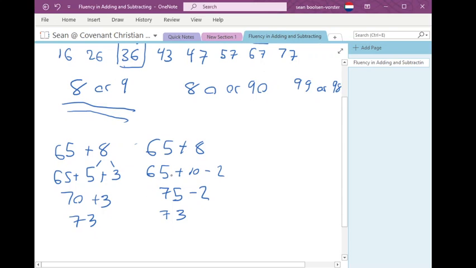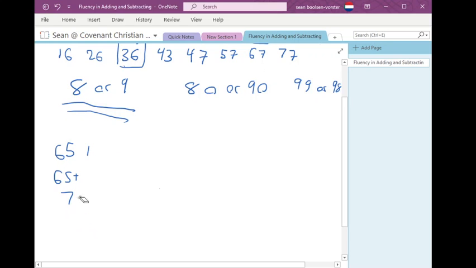But the big thing is that this is faster in your head. You can do this quicker in your head because you're just recognizing that 8 is 2 smaller than 10, so you can just add 10 instead of 8. So that's something really good to keep in your mind.